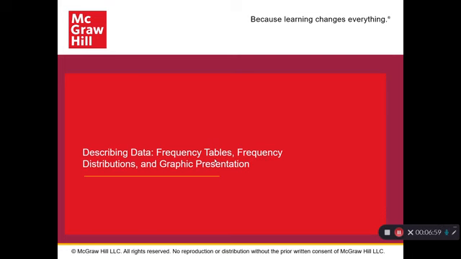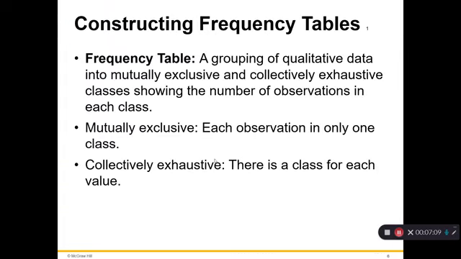Now let's talk about the first topic, chapter 2, about frequency tables, frequency distributions, and graphic presentation. What is a frequency table? This is a method of grouping quantitative data into distinct classes or bins.